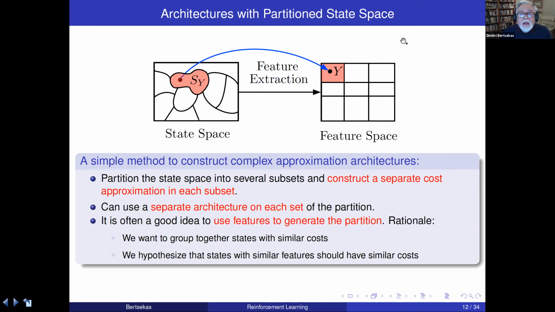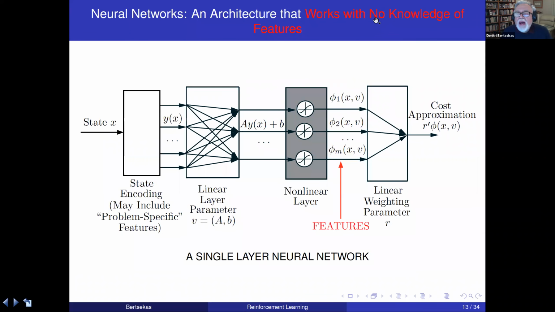Okay. So now, what if we have no knowledge of features or very little knowledge of features? That's where neural networks come into play. They allow us to bypass the need for handmade, user-provided features.